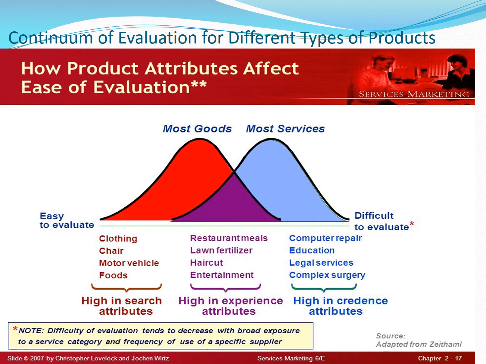You can see some brackets there in between. Now we understood the definitions, and I'll just repeat them. Search qualities are those that consumers can easily evaluate before buying. Experience qualities are those we can evaluate after the purchase, or maybe during the purchase.